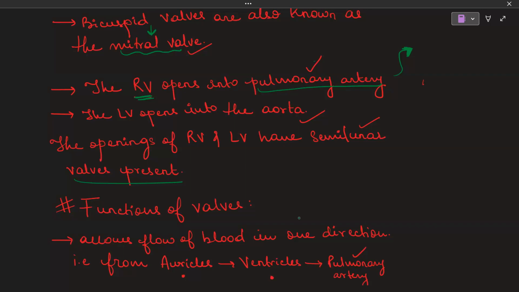No, that's the wrong answer. To the lungs. The pulmonary artery will be carrying the deoxygenated blood to the lungs for purification and oxygenation. And the aorta will carry the oxygenated blood from the ventricle to the different parts of the body.